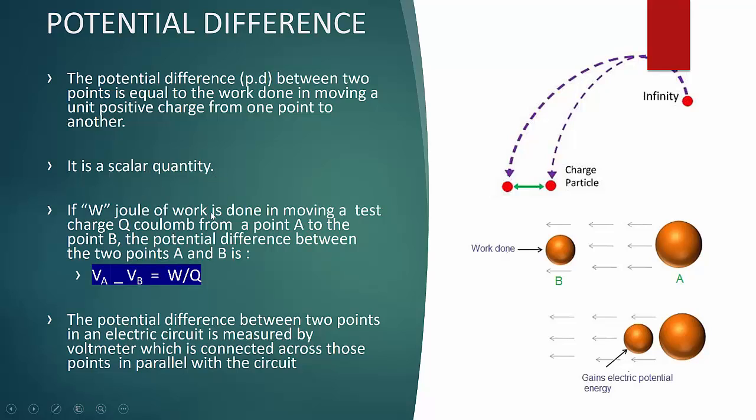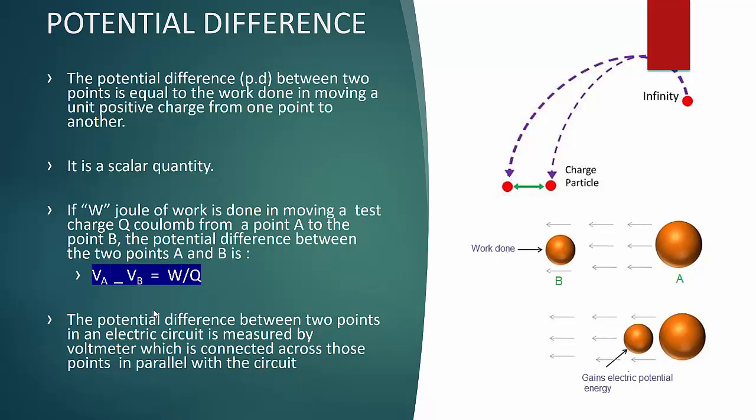If W joule of work is done in moving a test charge Q coulomb from a point A to a point B, then the potential difference between the two points A and B is VA minus VB equals W by Q. The potential difference between two points in an electric circuit is measured by a voltmeter, which is connected across those points in parallel with the circuit, whereas current was measured in series.